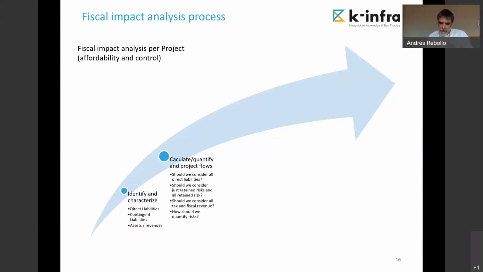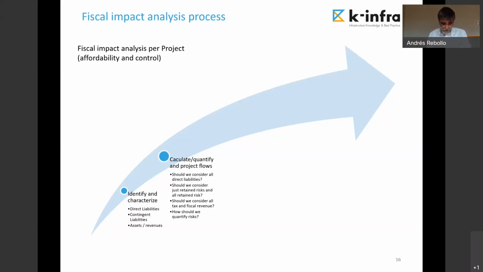So here there are a number of questions that we have addressed a little bit before. Should we consider all the direct liabilities or only the liabilities described in the contract and related to the PPP as a financial mechanism? Should we consider all the retained risks or only some retained risks, excluding some others that could create perverse incentives?